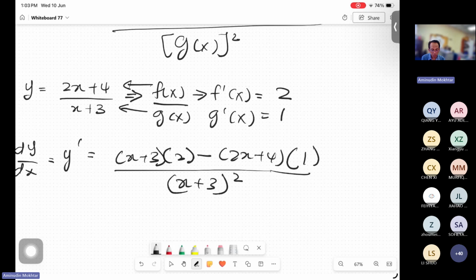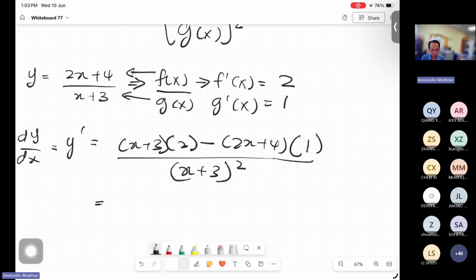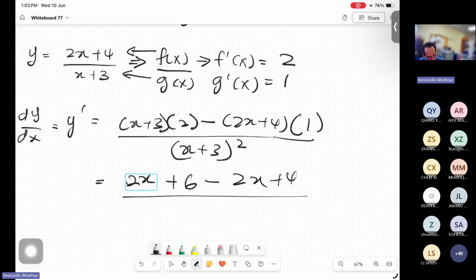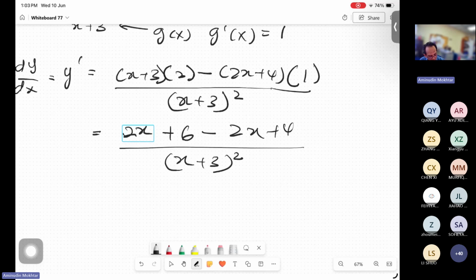So we just need to simplify the equation. This is equal to 2x plus 6 minus 2x minus 4, divided by x plus 3 to the power of 2.